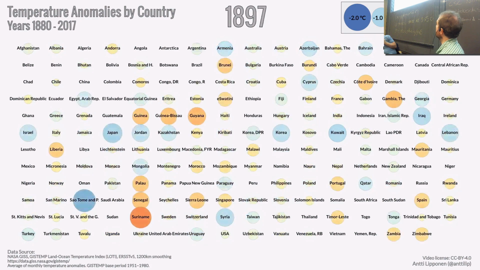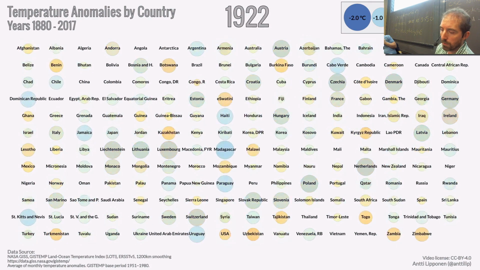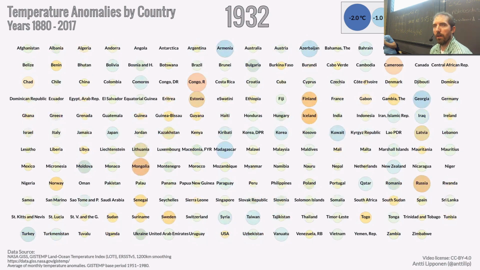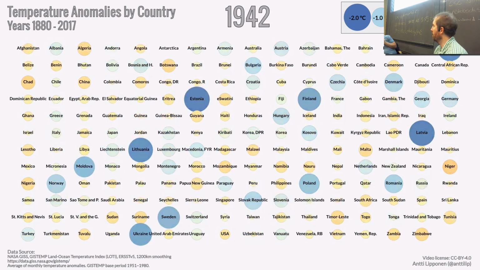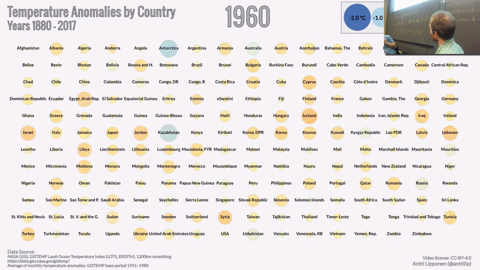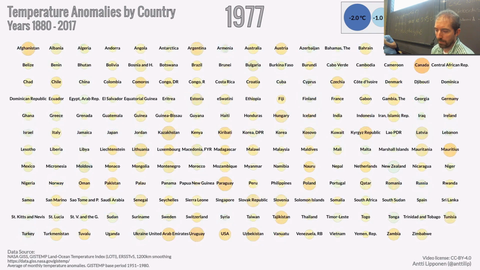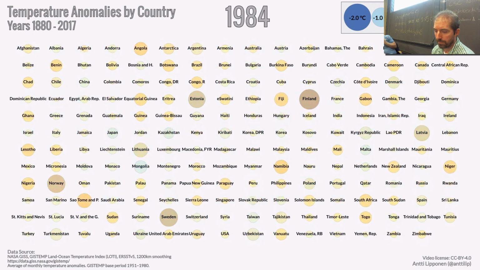And so what you can see as this plays is that the red dots show us temperatures that are warmer than average, blue would be cooler than average, and at least at the beginning, you don't necessarily see a clear trend, but as the time advances, you should start to see something rather striking.